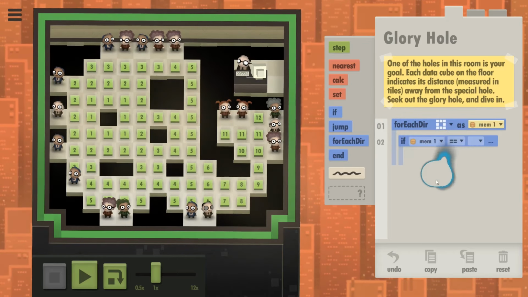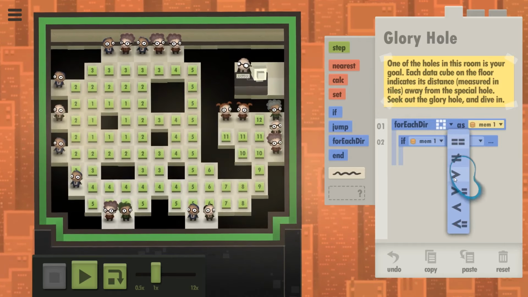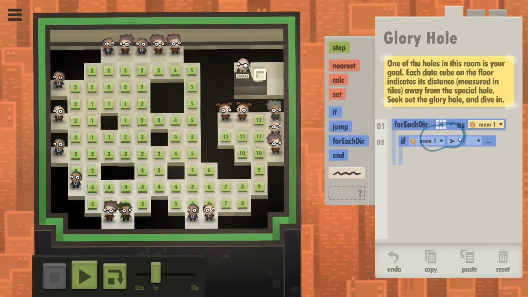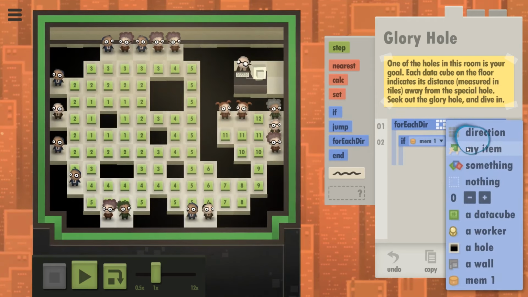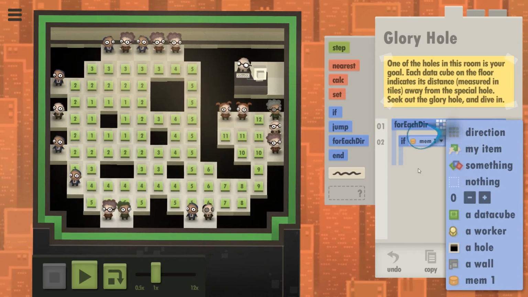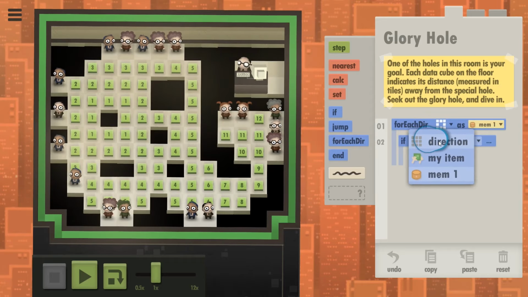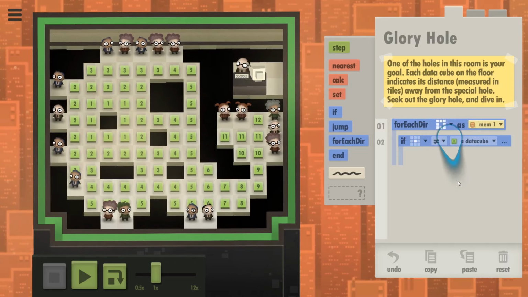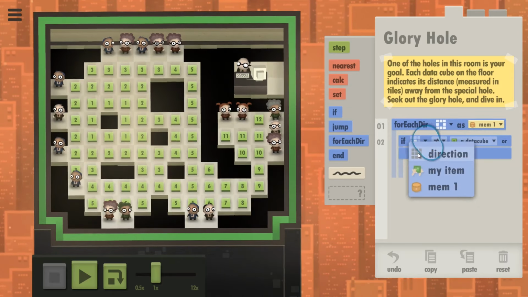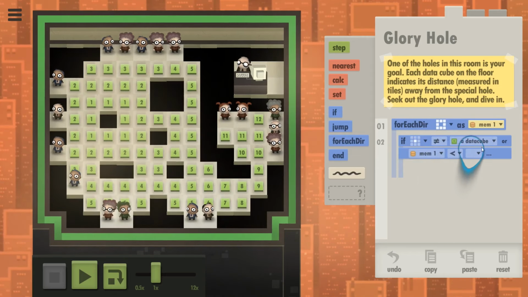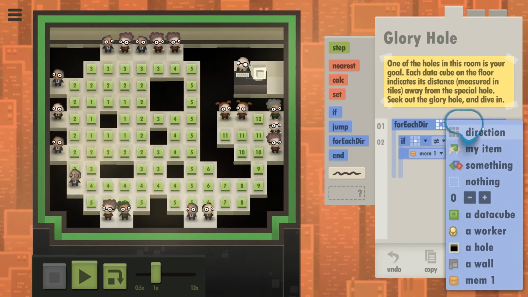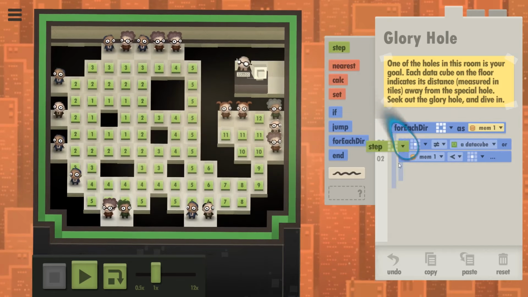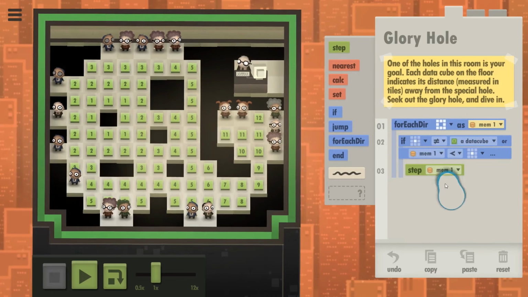If memory 1 is less, if where I am is not a data cube, or memory 1 is less than where I am, step memory 1.